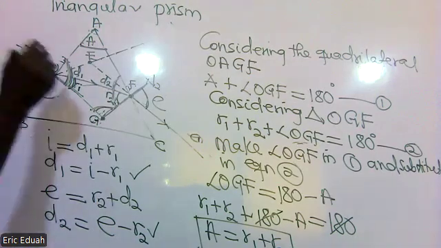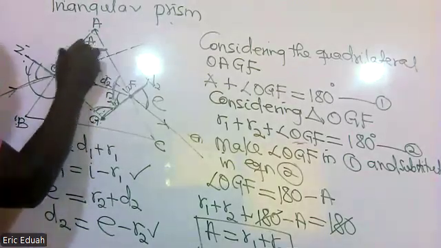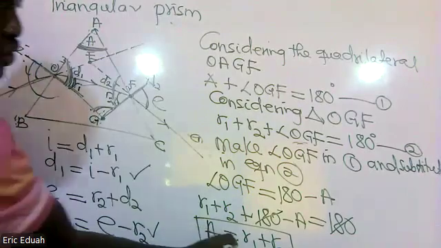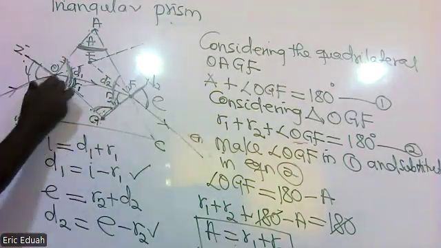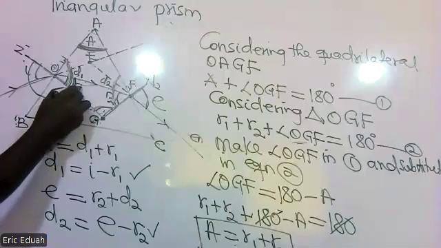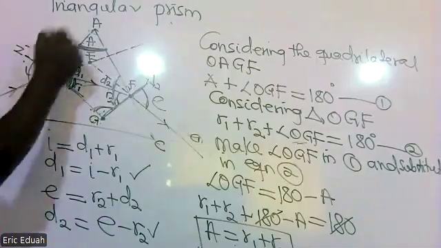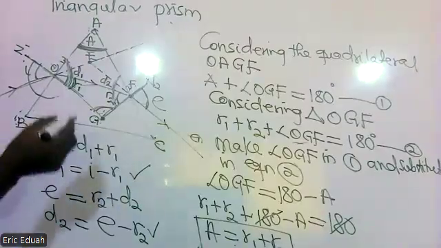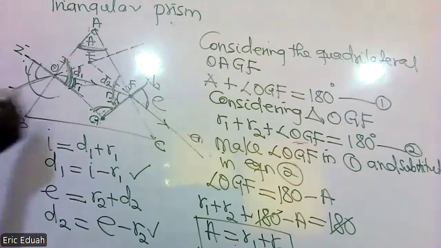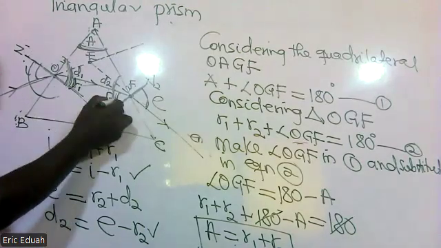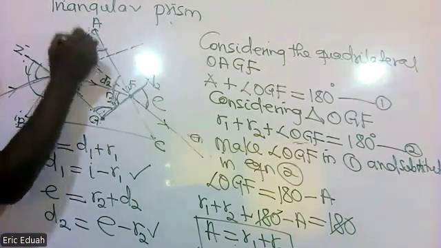Meaning that this refracting angle or angle of the prism A is also equal to summing up the two angles of refraction at both planes AB and AC. Assuming I don't know the refracting angle of the prism, but I have R1 and R2, if I add R1 and R2, I must get this.